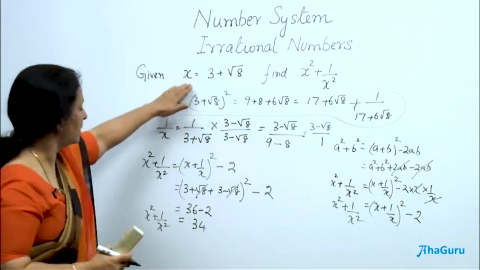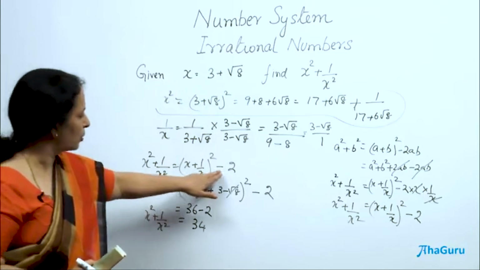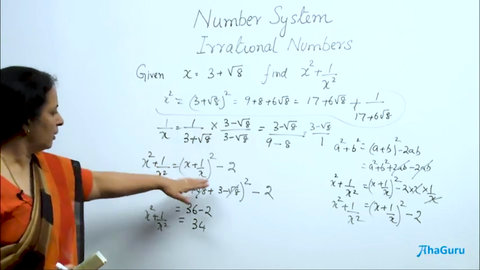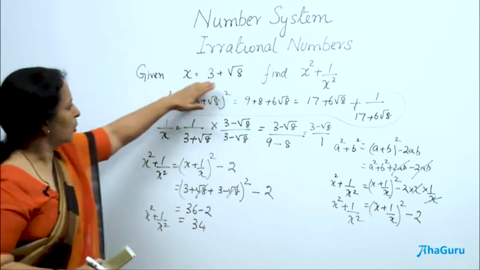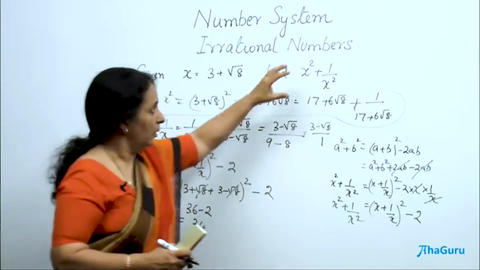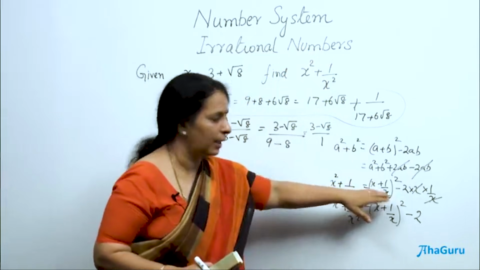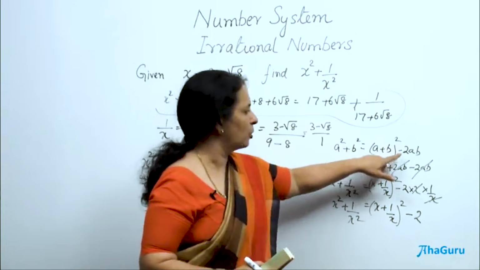So if x is given, we can always find x plus 1 by x whole square minus 2 is equal to x square plus 1 by x square. You can use the same formula for anything, you know. Anytime such a question comes, find x square plus 1 by x square, please always use this expansion in terms of x plus 1 by x, exactly the way we have arrived at a square plus b square is nothing but a plus b whole square minus 2ab.